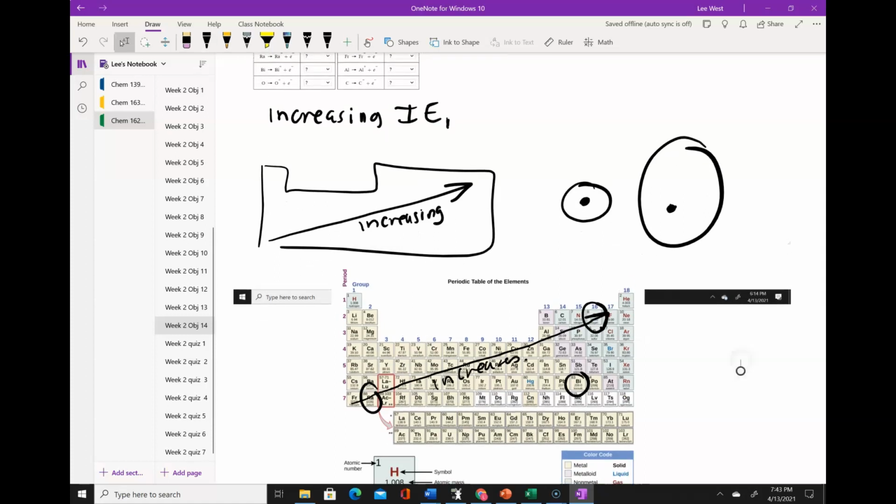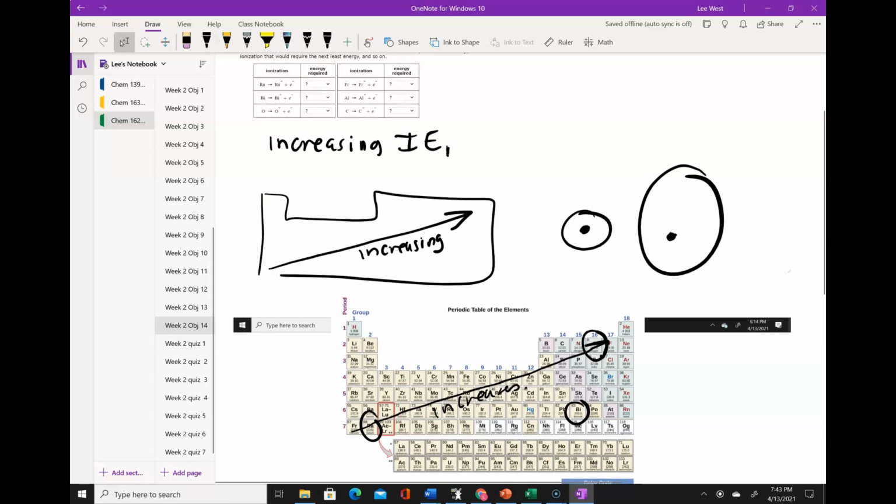We're going to list them in order of increasing. Obviously radium is way over there. So radium is going to be number 1. And then our next one will be bismuth, number 2. And then oxygen is up there, and that's going to be number 3.